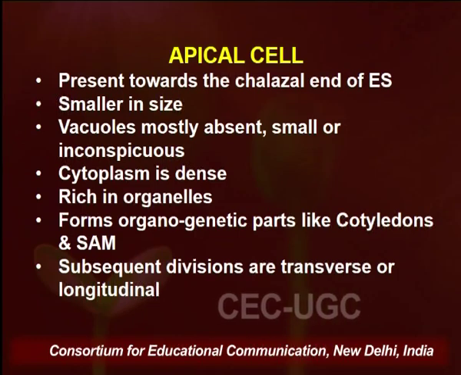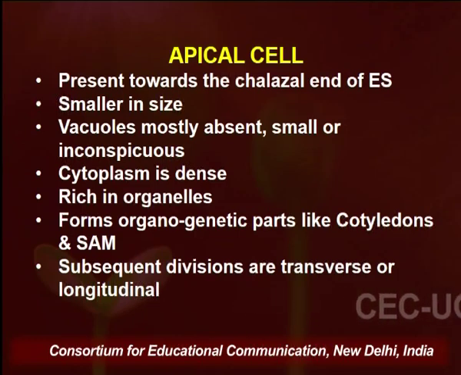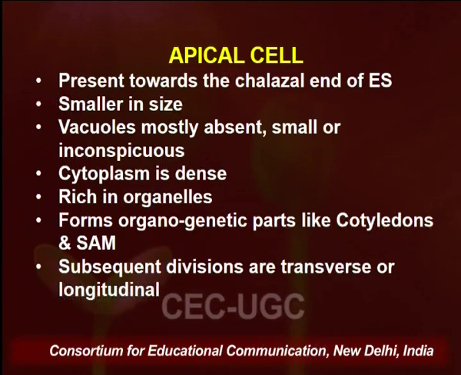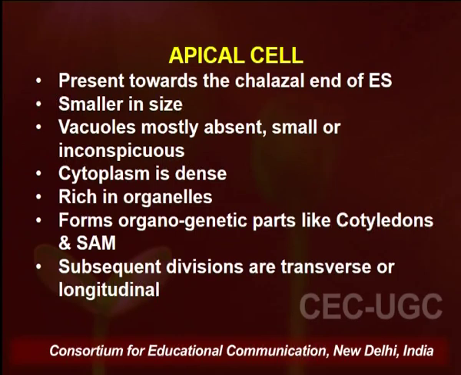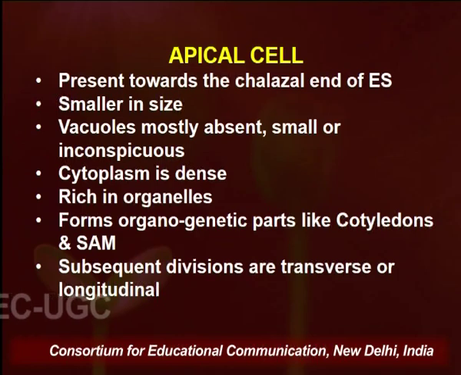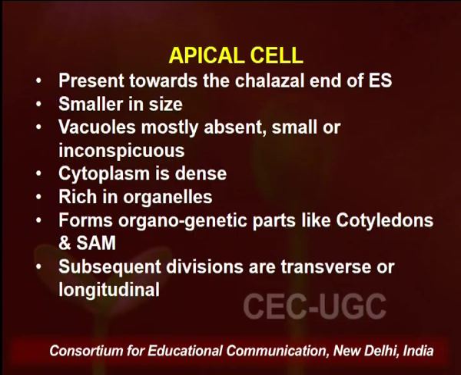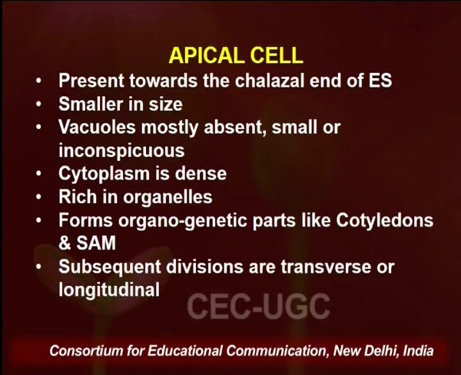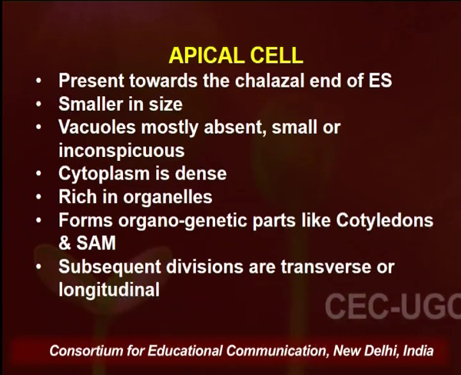The apical cell is present towards the chalazal end of the embryo sac. It is much smaller in size than the basal cell. Vacuoles are mostly absent because the major part of the cell here is occupied by the organelles. The apical cell is rich in organelles, the cytoplasm is dense, and it is the apical cell which forms organogenetic parts like the cotyledons and the shoot apical meristem.